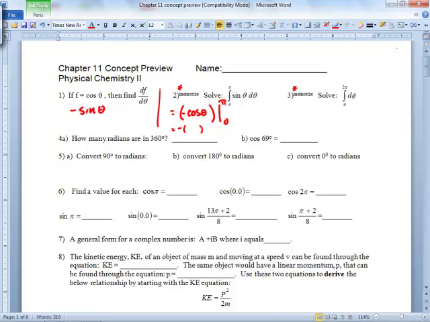Let's see, we should have a little review here. Probably what should have been first is our, what do they call this? The what circle? Unit circle. Okay. The radius of the unit circle is, it's 1, isn't it?